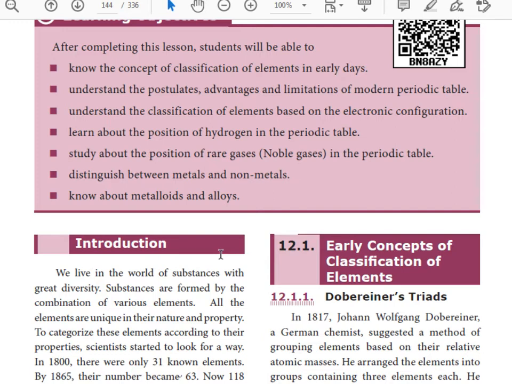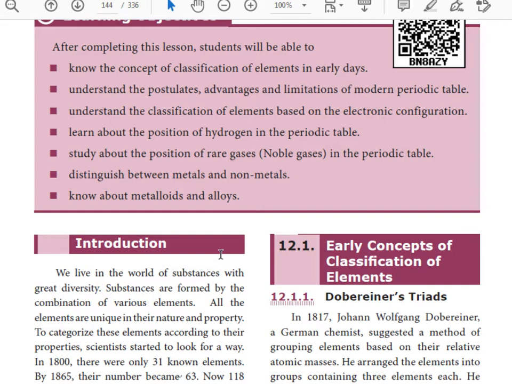Already you know there are 118 elements now. In 1800 there were only 31 elements, in 1865 the number became 63, and now it is 118 elements.